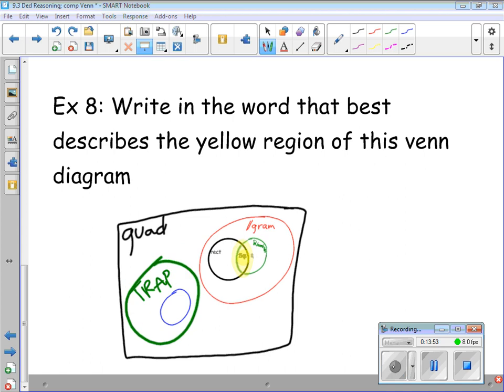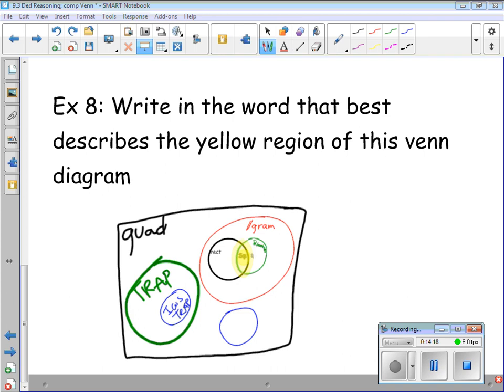Inside the world of trapezoids, there's another subset, and that would be isosceles trapezoids, right? How about, can you come up with another shape that fits in this world over here? Again, it doesn't touch trapezoids, it doesn't touch parallelograms. What kind of shapes would that be?